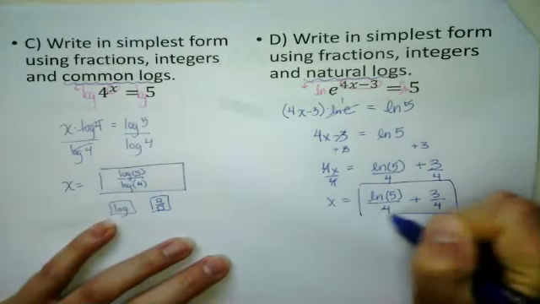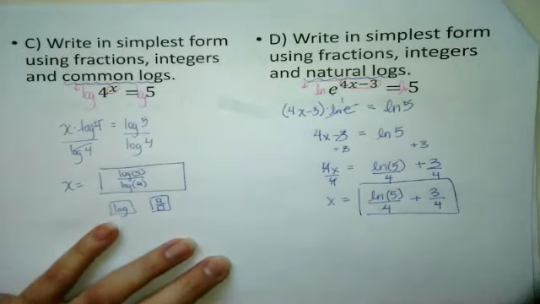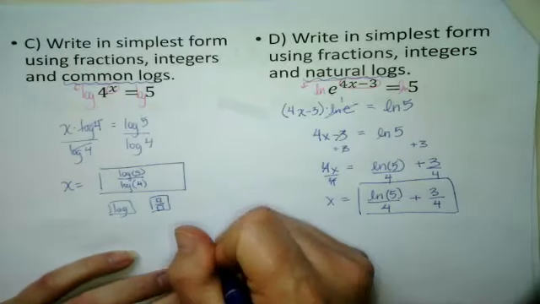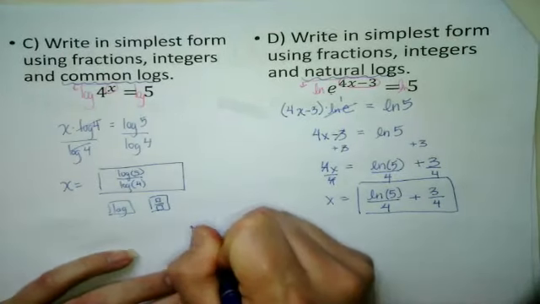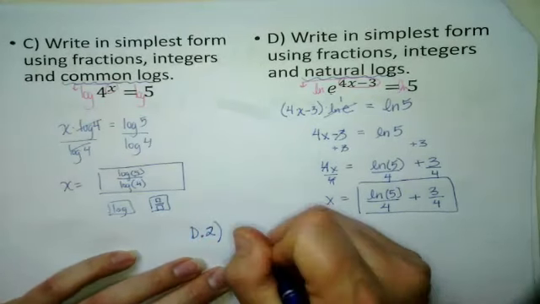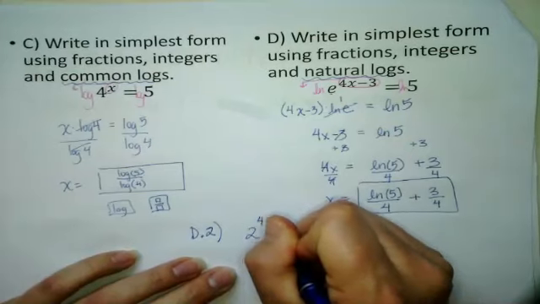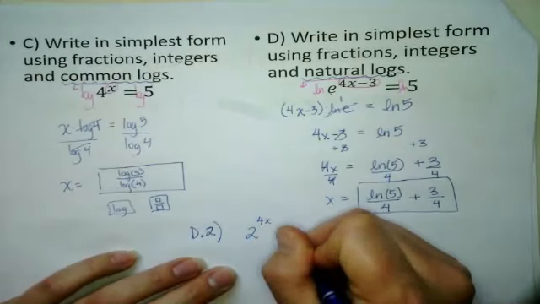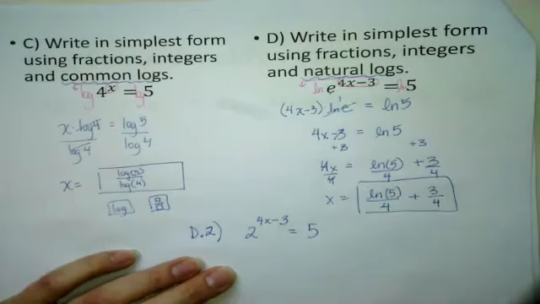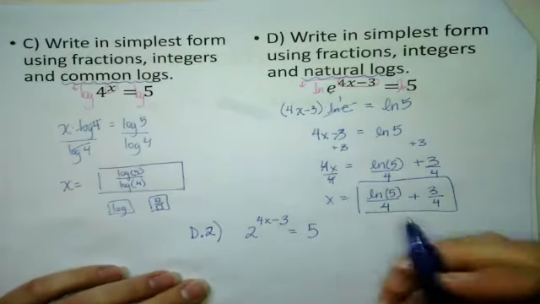It should be fine. I did want to give you one I saw when I was practicing. Let's pretend that was a 2 to the 4x minus 3 equals 5, because I saw some like this when I was working on them.